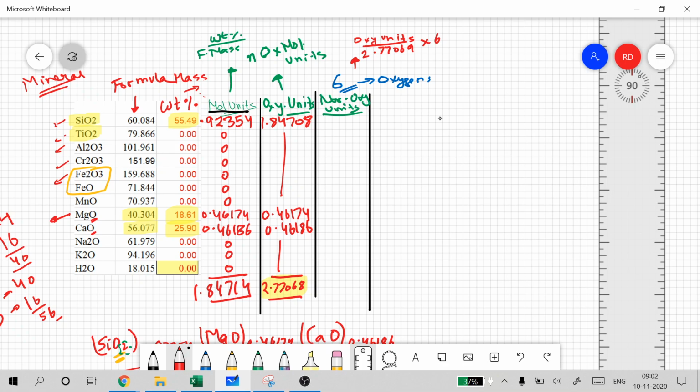It will not come out to be exactly 4; it's 3.9999. Okay, something like this. What about MgO? 0.9999.